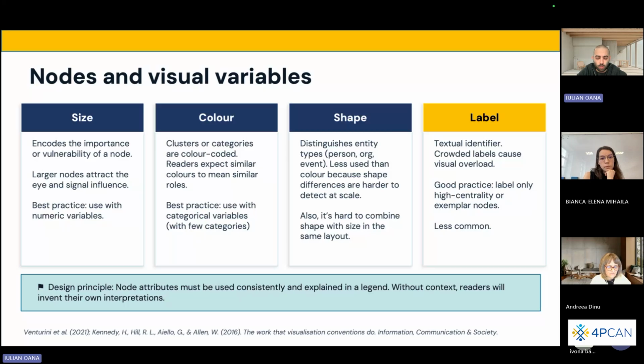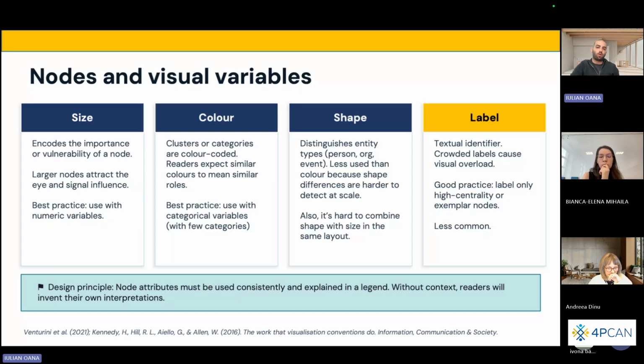Colors should represent categories, should discern between various clusters of nodes, or various categories of nodes. And the general principle is the fewer, the better. And you will see in the exercise that I've prepared why this is the case.